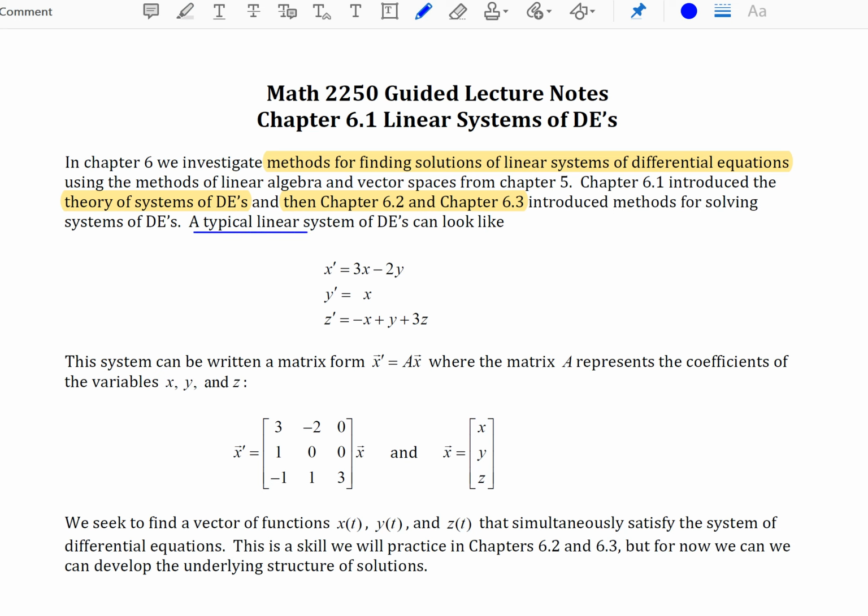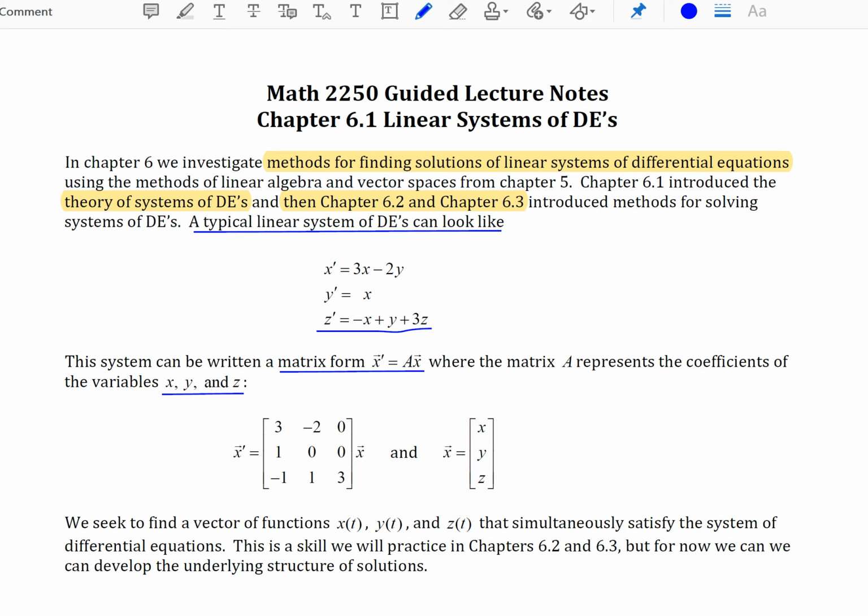A typical linear system of DEs can look like this. This particular system is three differential equations in three different functions. This system can be written in the matrix form x prime equals Ax, where the matrix A represents the coefficients of the variables x, y, and z.